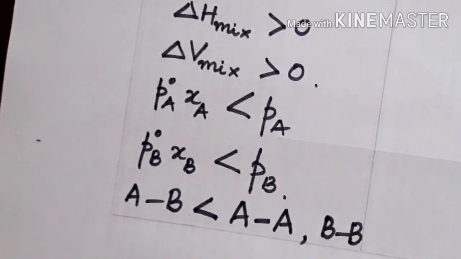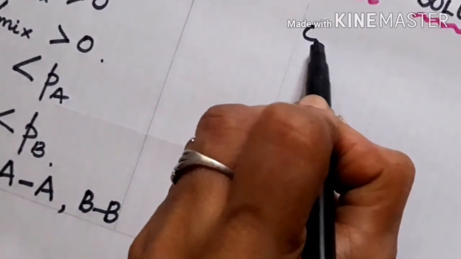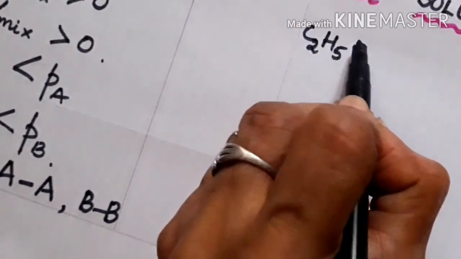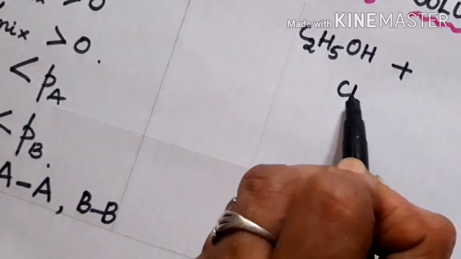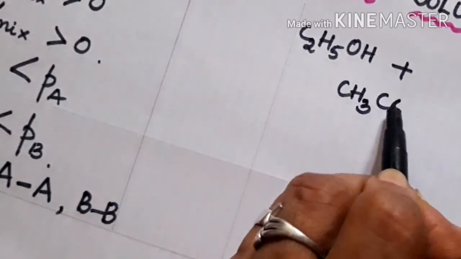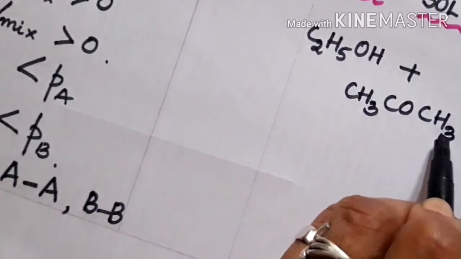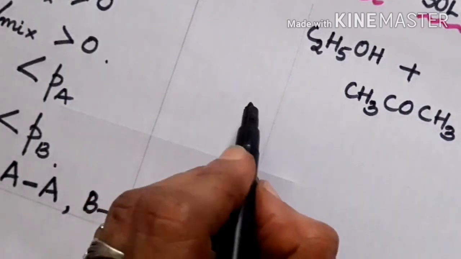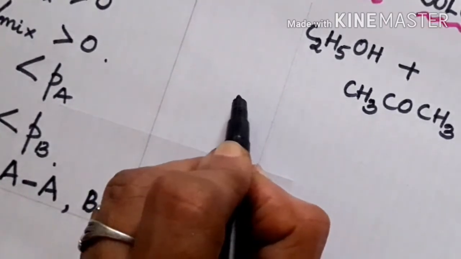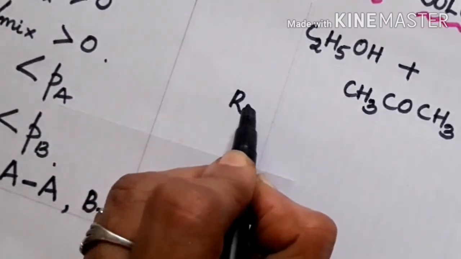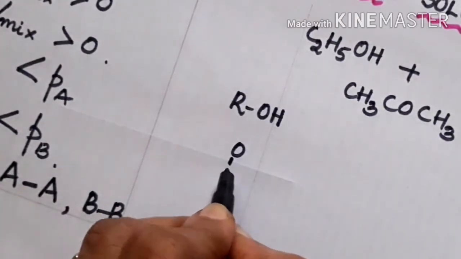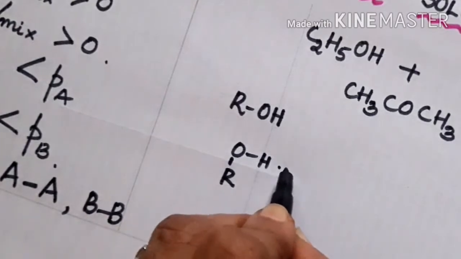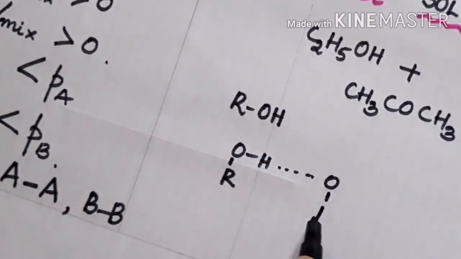ethanol and acetone mixture. Ethanol has the formula C2H5OH. When it is mixed with acetone with the formula CH3COCH3. As such, ethanol has the structure ROH. So, ROH will have hydrogen bonds in between.